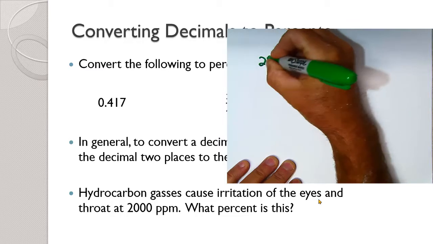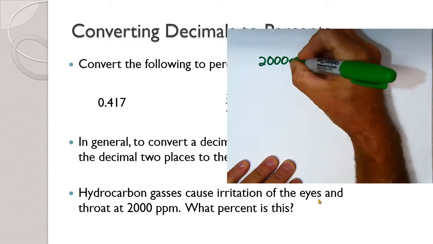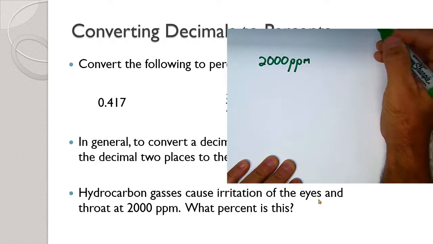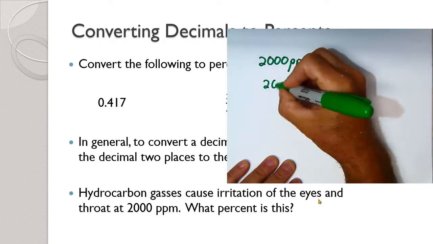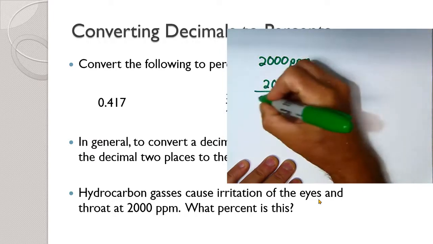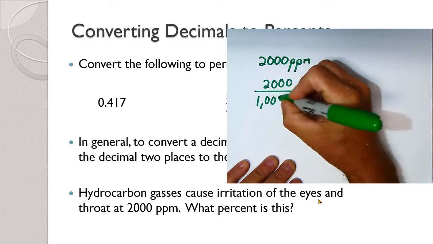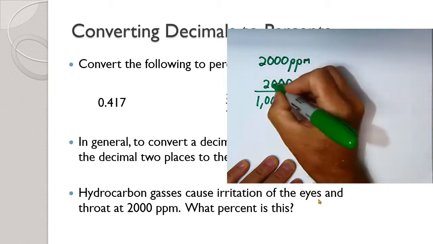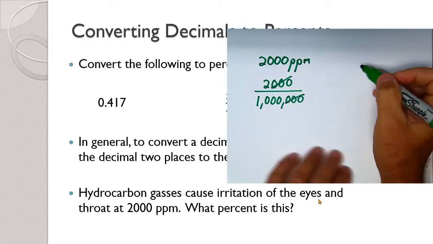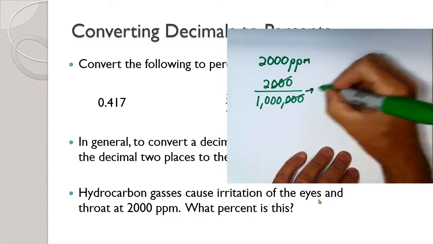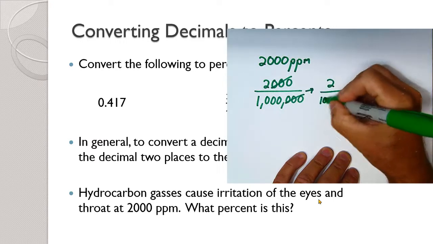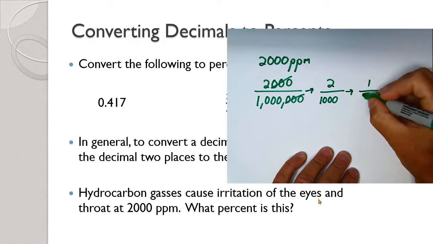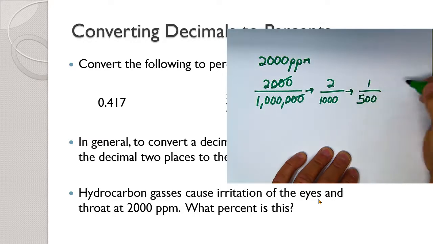So if we take 2,000 parts per million and want to figure out what percent that is, 2,000 ppm or parts per million is literally the fraction 2,000 out of every million molecules. Now, there's our fraction. We can cancel off some of those zeros and say that this is equivalent to 2 out of every 1,000, which we could reduce even more and call 1 out of every 500.